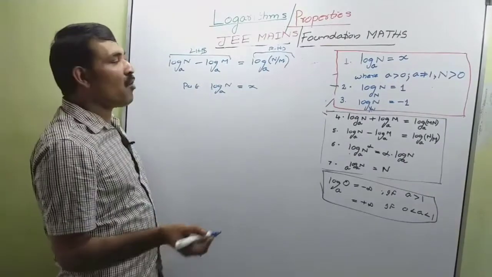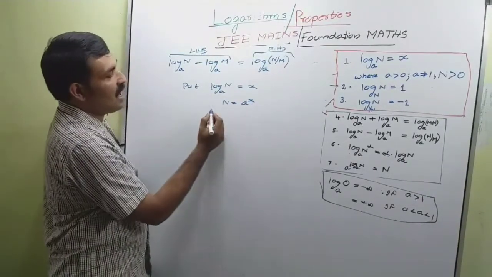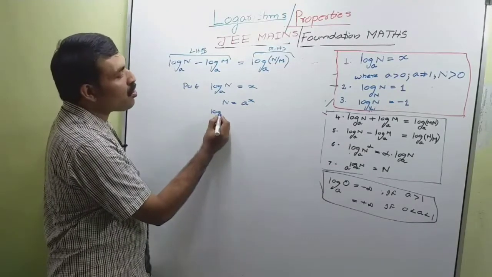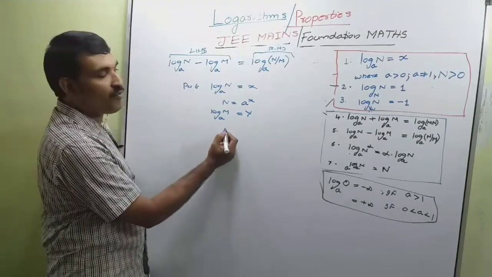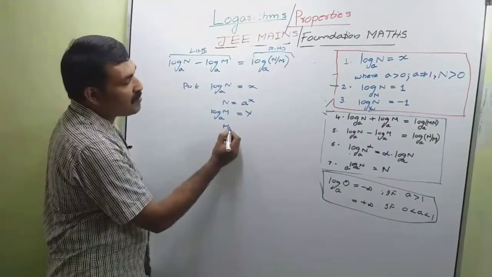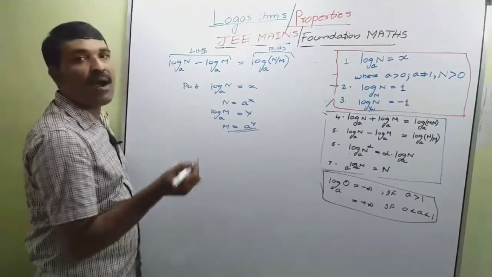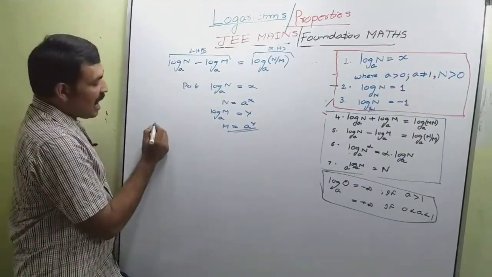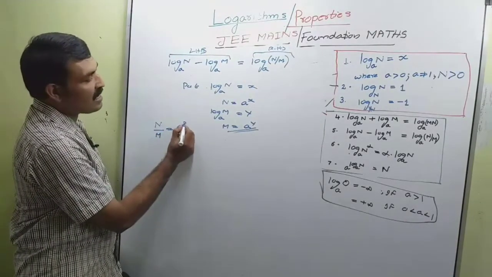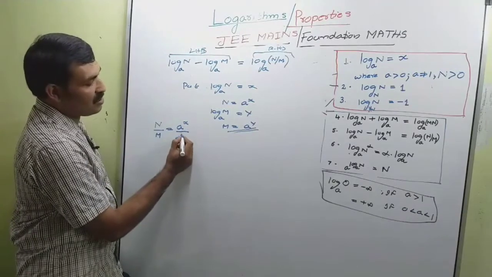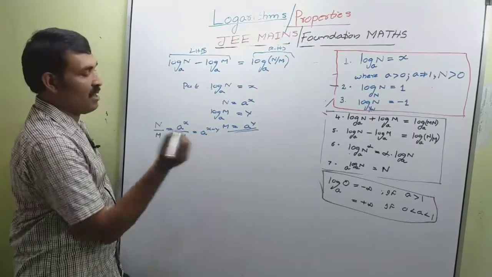So in exponential form, we can write n is equal to a raised to x, and let log m to the base a is equal to y, and in exponential form, we can write m is equal to a raised to y. Now, divide n by m. N divided by m is equal to a raised to x divided by a raised to y, that is a raised to x minus y.